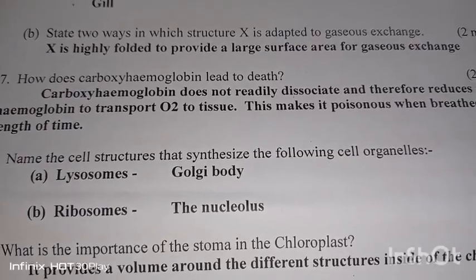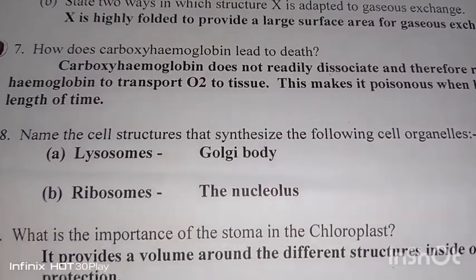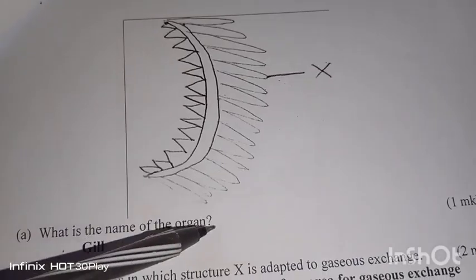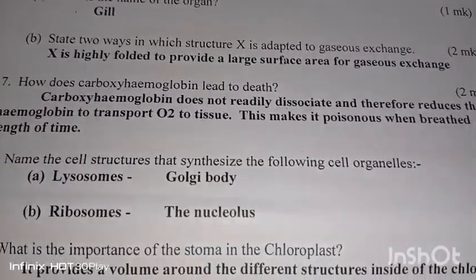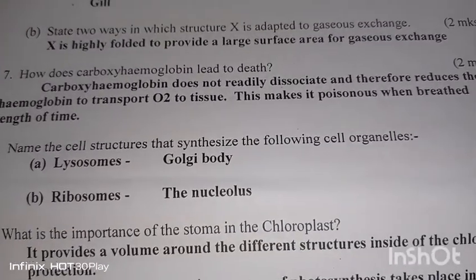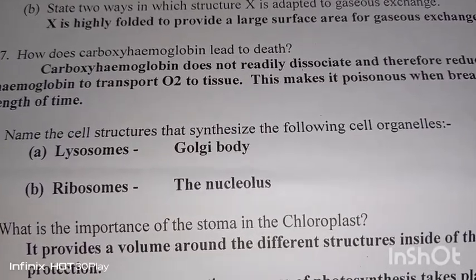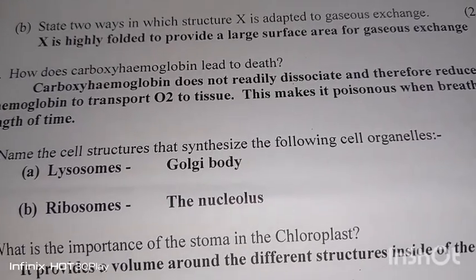State two ways in which the structure labeled X is adapted for gas exchange. Structure labeled X is this one. I have said they are the gill filaments, and any adaptation of a gas exchange surface is related to this one or qualifies to be an adaptation.